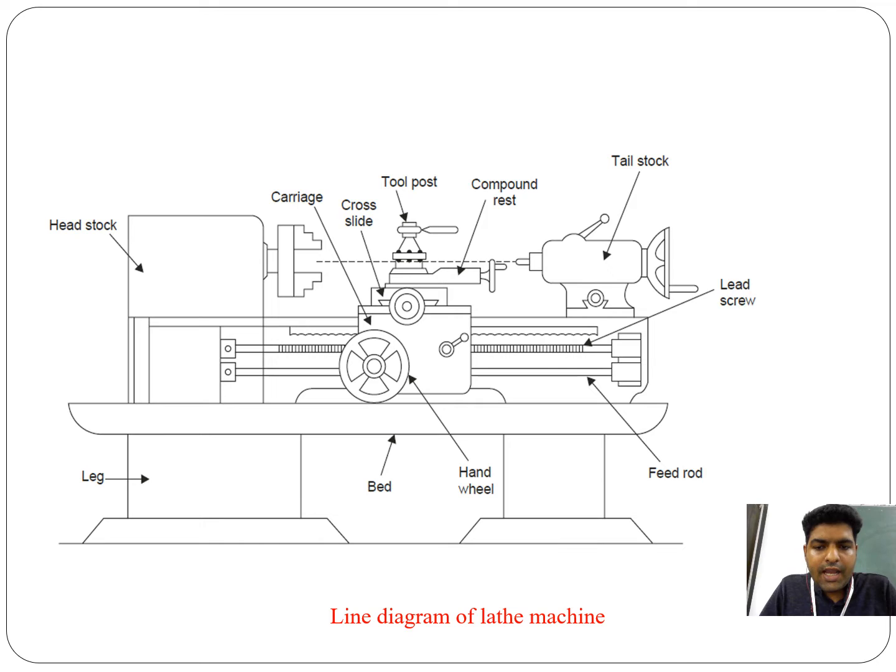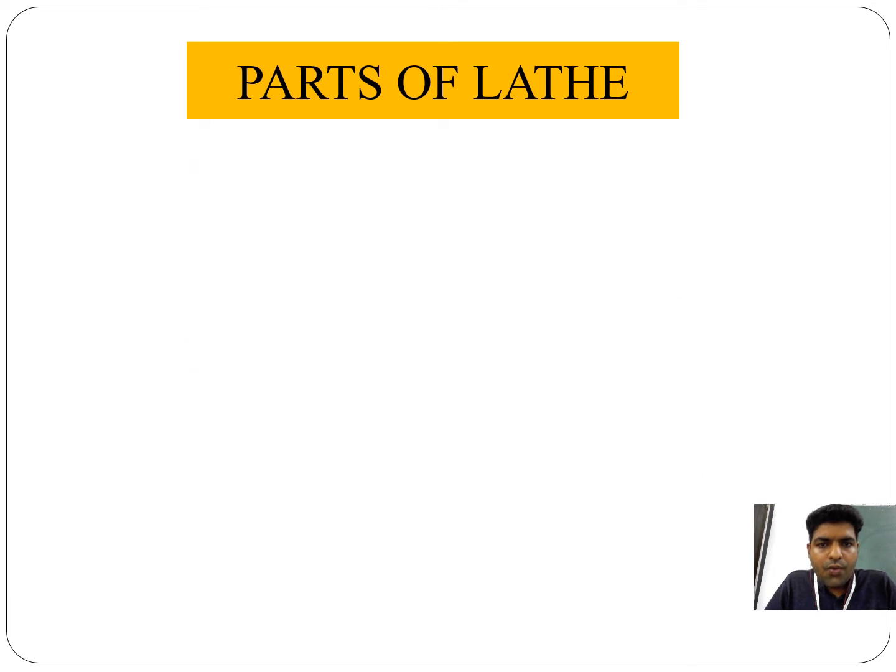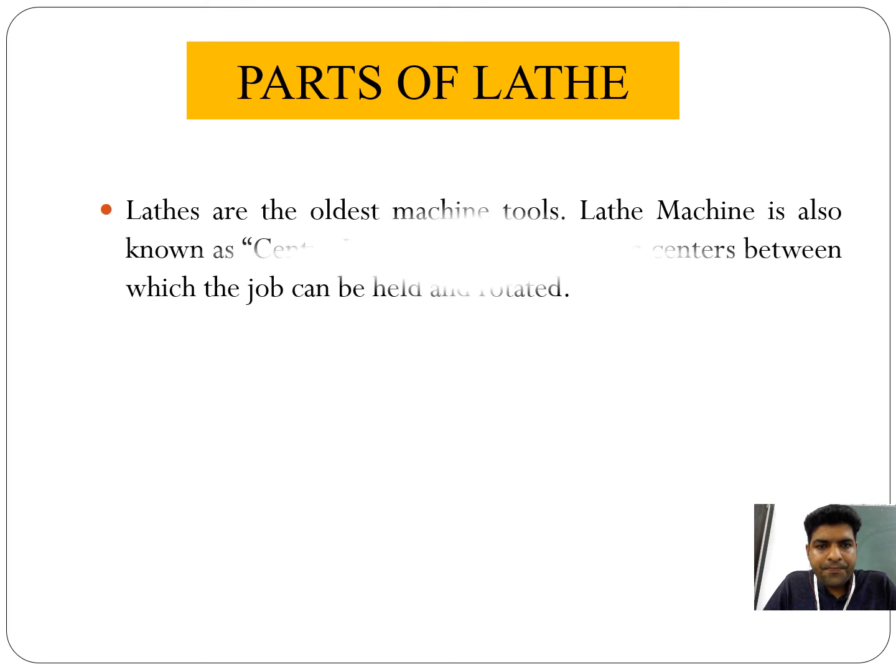This is the line diagram of a lathe machine. In this figure we can see there are different parts, that is headstock, leg, bed, feed rod, lead screw, compound rest, tool post, carriage and tailstock. Now we are discussing the different parts of the lathe machine.